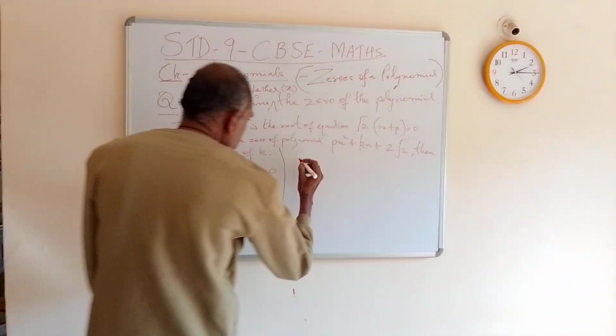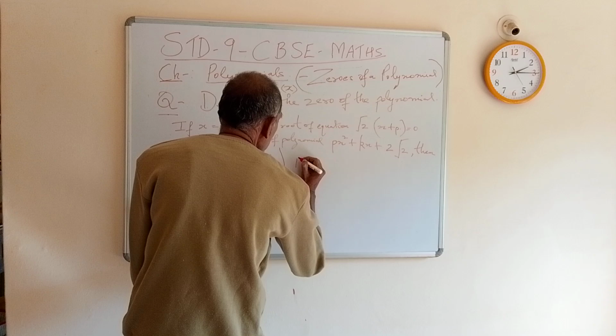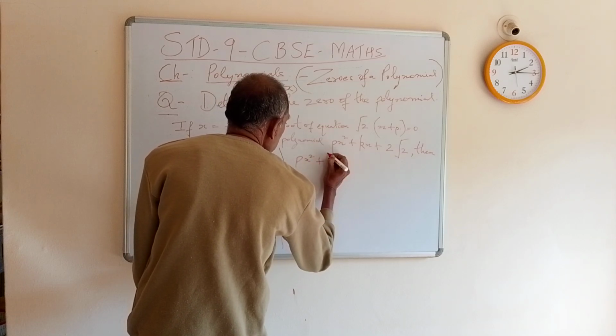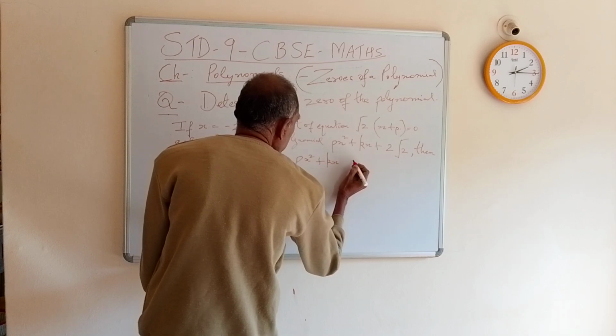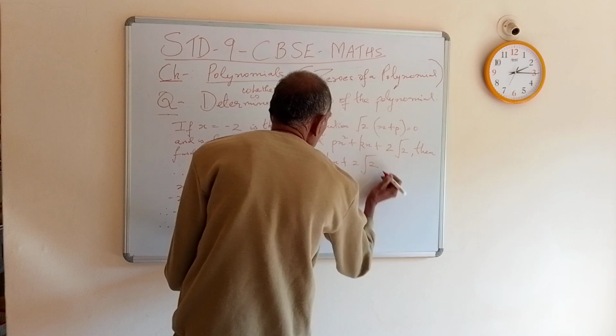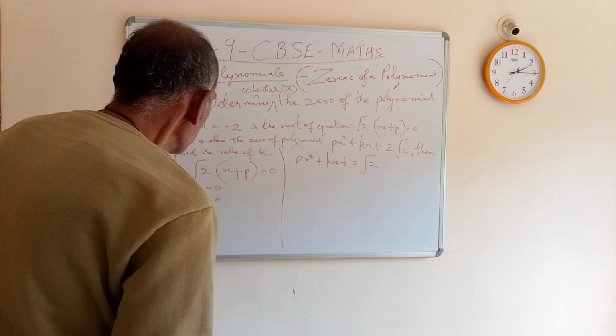Now we will take this px square plus kx plus 2 root 2. Okay.